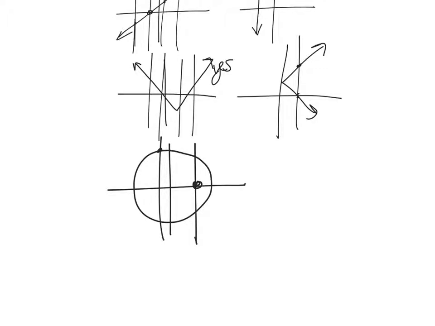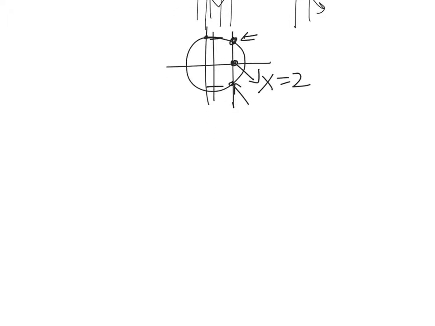This could be x equals 2, and it's matching with y equals 4, maybe, and y equals negative 4. You can't have 2 going into this function machine and coming out as 4 or negative 4. It's not allowed.